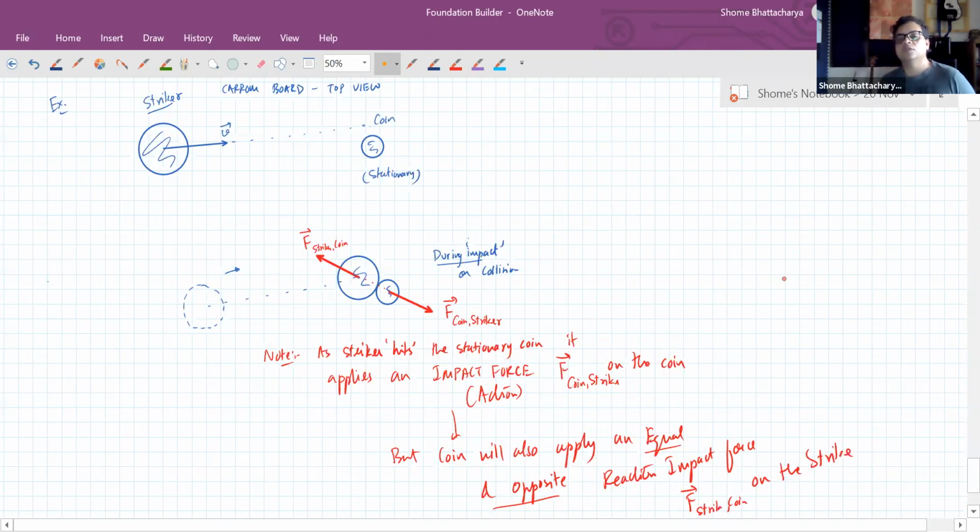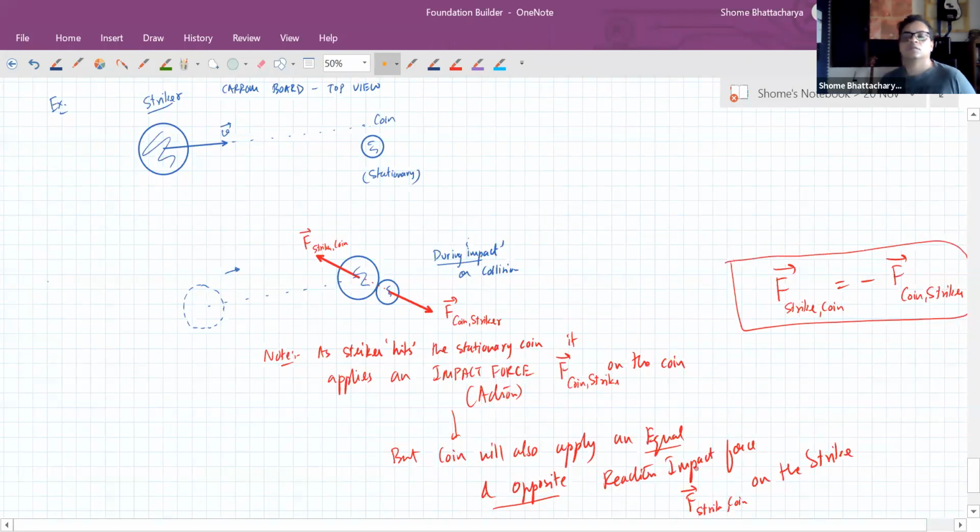So this pair of forces also has this property that the force applied by the coin on the striker is equal and opposite to the force applied by the striker on the coin. So this is an example of action reaction during a collision.